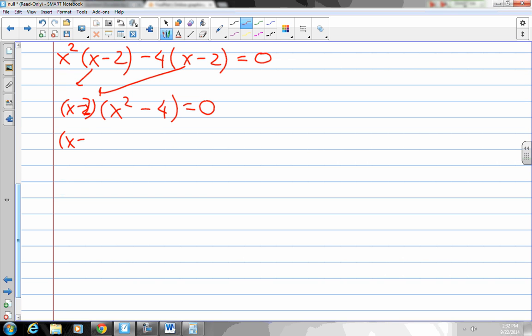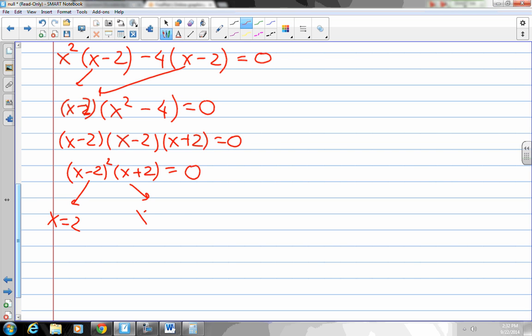So let me write it pretty. X minus 2. I can factor x squared minus 4, another x minus 2, x plus 2. Right? So I can even write it as x minus 2 quantity squared, and then x plus 2 equals 0. You set them both to 0, x equals 2, x equals negative 2. That square doesn't do anything as far as the solution goes.